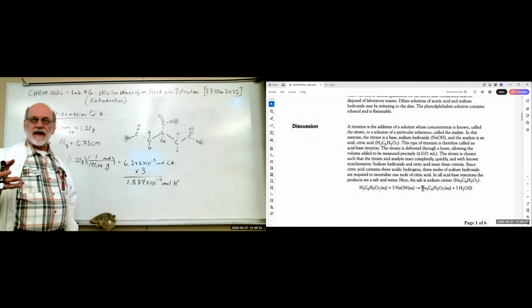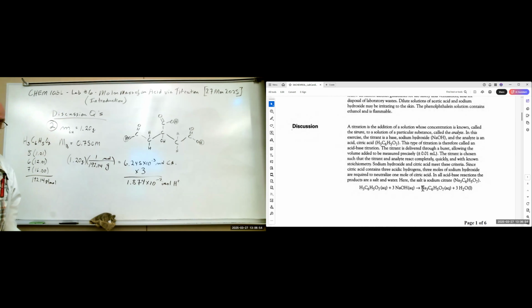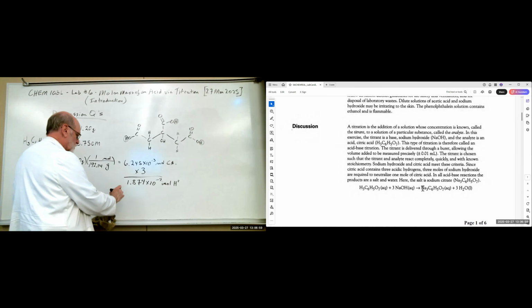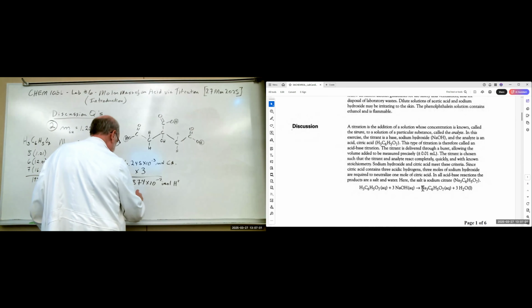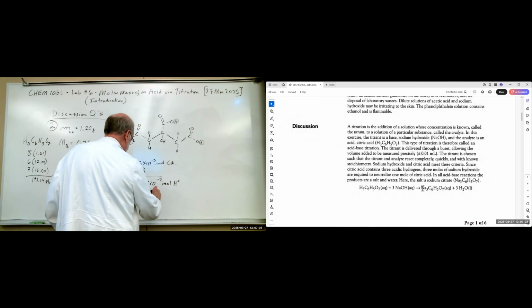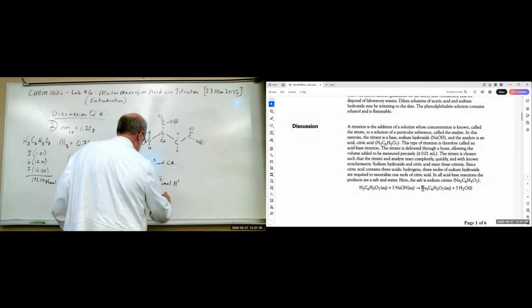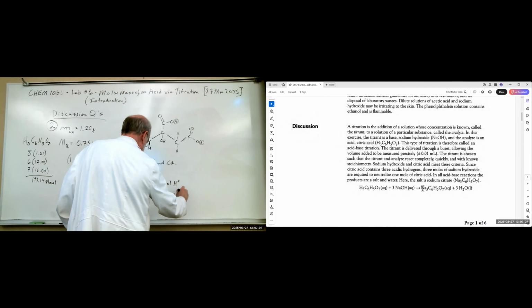For every 1 hydrogen ion, you need 1 hydroxyl. So that means we're going to need 1.874 times 10 to the minus 2 moles of hydroxyls.